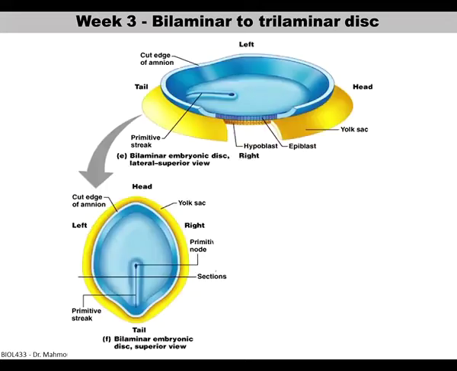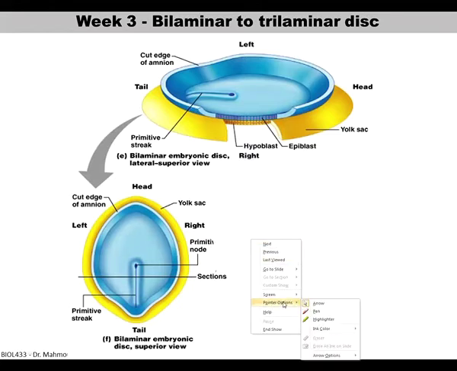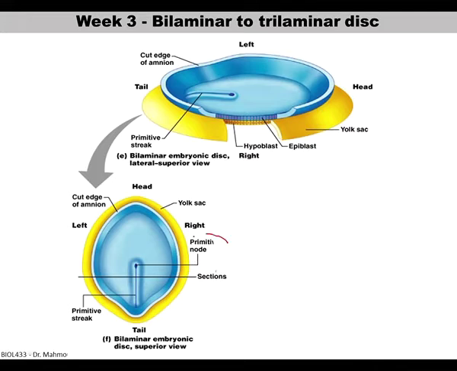If you look from above, you can see where the primitive streak is. It starts posteriorly, represented by the tail, and you can see the right and left and the head. That's the orientation.